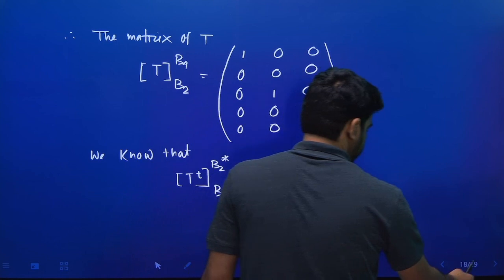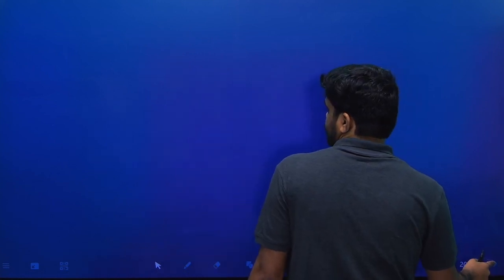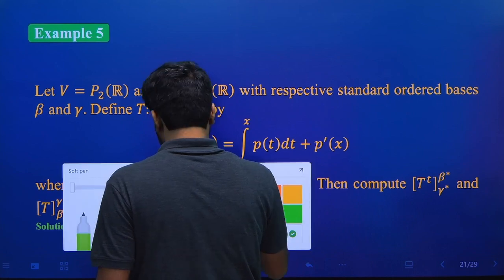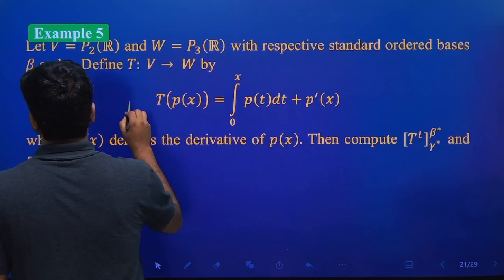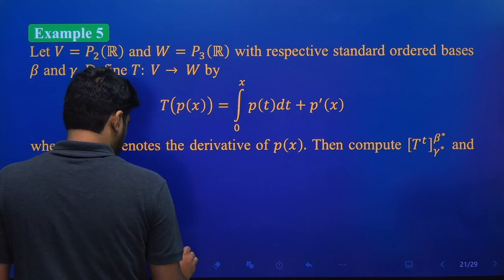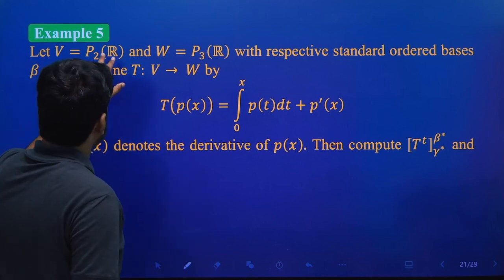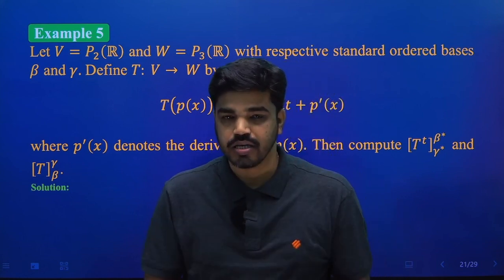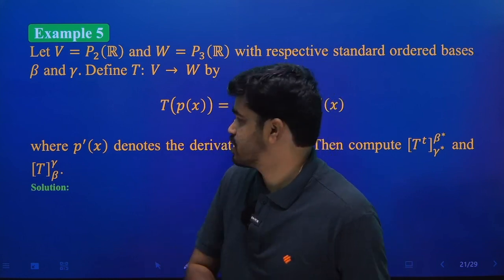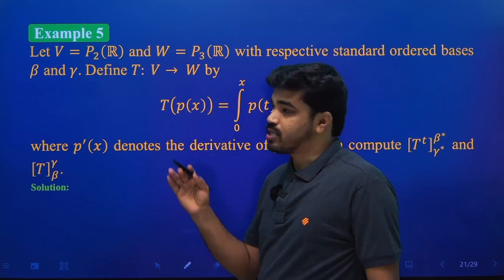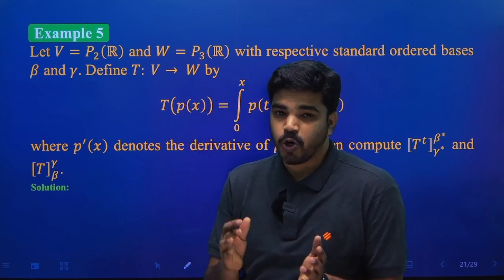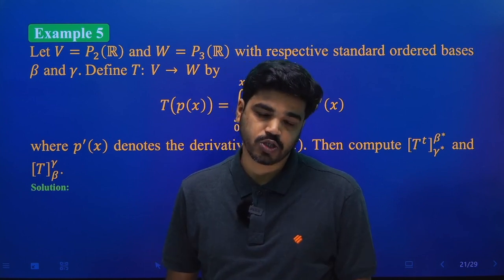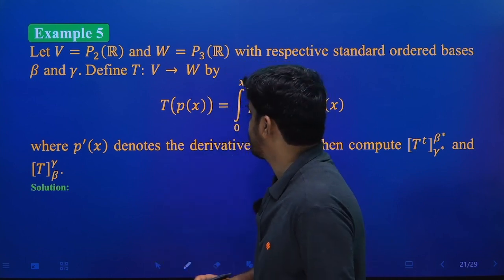Okay, so this is your assignment. I think you can solve this problem. Let V be equal to P2(R), that is the set of all polynomials of degree at most 2. What is the basis? The basis will be 1, x, x square. P3 is for W, the polynomials of degree at most 3, so the basis is 1, x, x square, x cube, right?